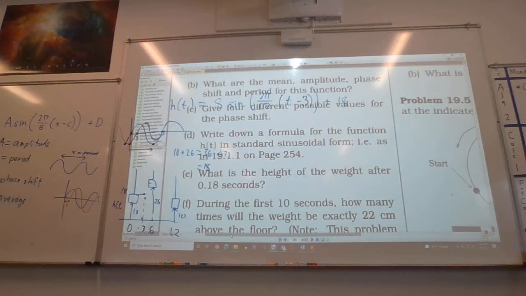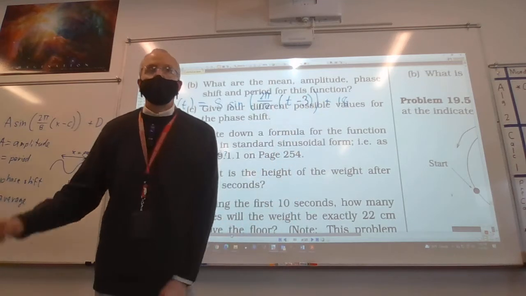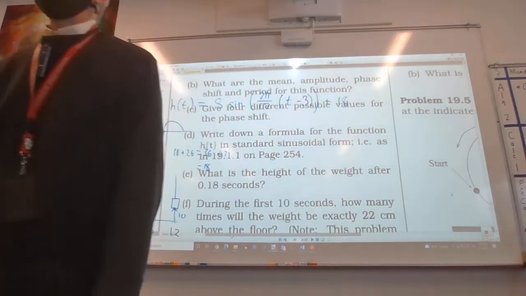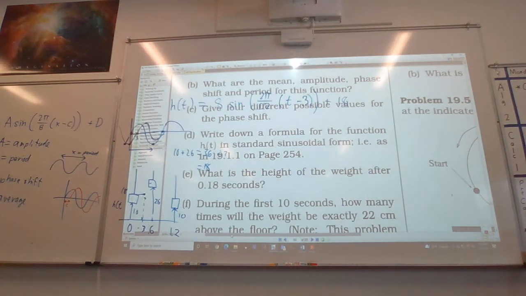For E, you would just input 0.18 into the T? We put 0.18 here and are really careful with your pi's and parentheses and everything else. And they give you the answer, so it shouldn't be too bad. So it would be H of 0.18? Exactly. You'd say H of 0.18, you plug in 0.18.